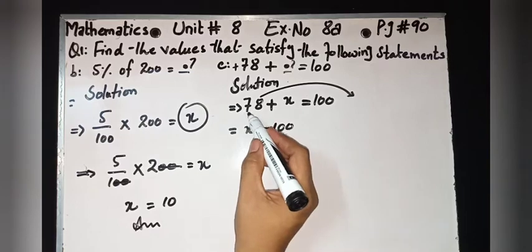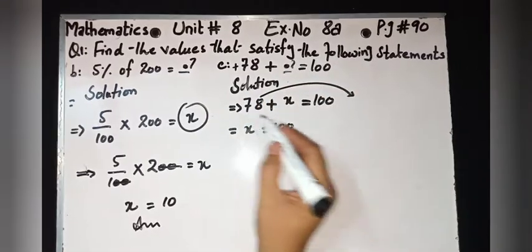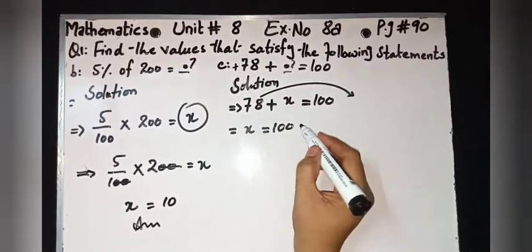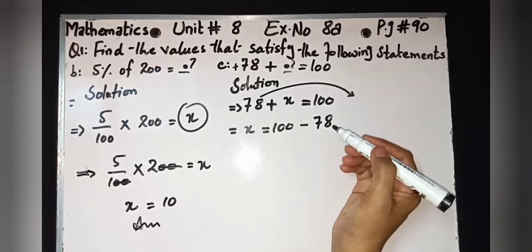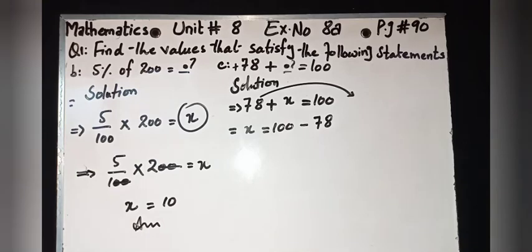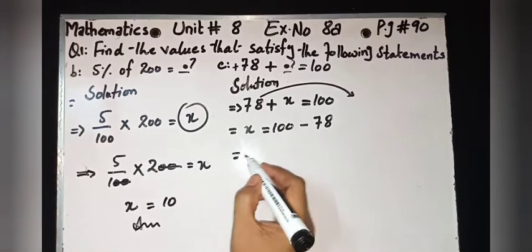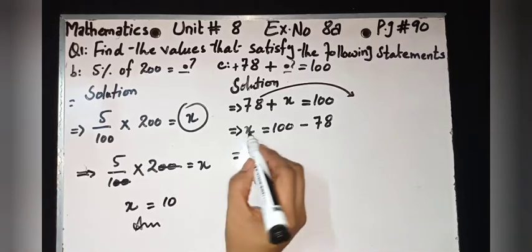This 78 shifts to the other side, so automatically plus 78 converts into minus 78. Okay, it's the rule. According to the rule, positive 78, when we change the place, automatically this sign will be inverse, plus changes into minus. So x equal to 100, as it is copy down, put the applying sign.